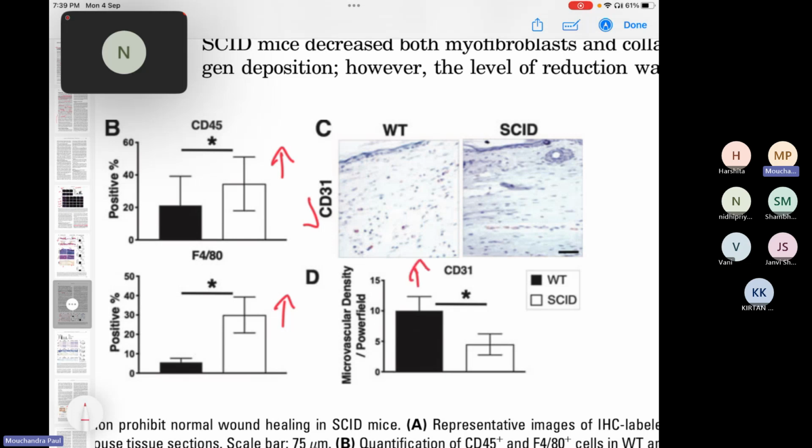See, it is higher. Whereas in SCID mice, it is comparatively less. So they concluded that in the absence of T or B lymphocytes, it is the leukocytes and the macrophages that control the inflammation process, and there is not much angiogenesis going on, because of which there is a lesser number of blood vessels formed at the repaired wound area.